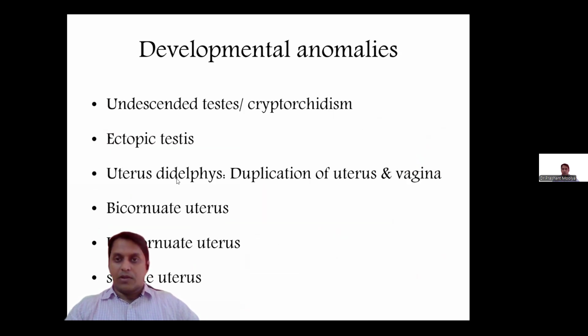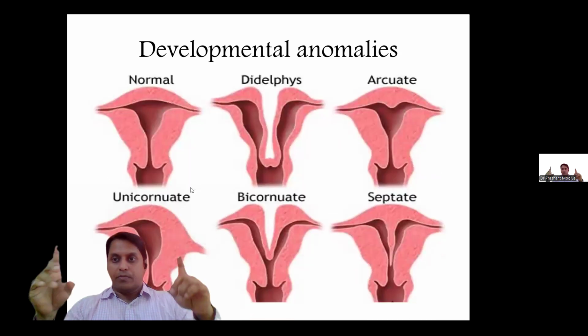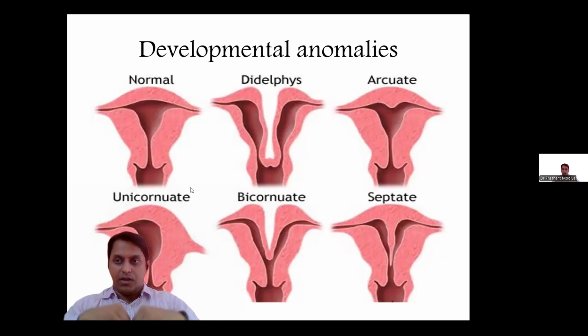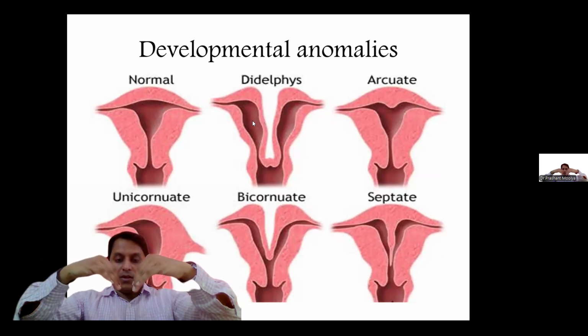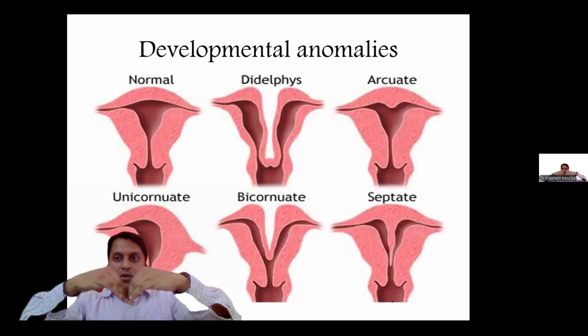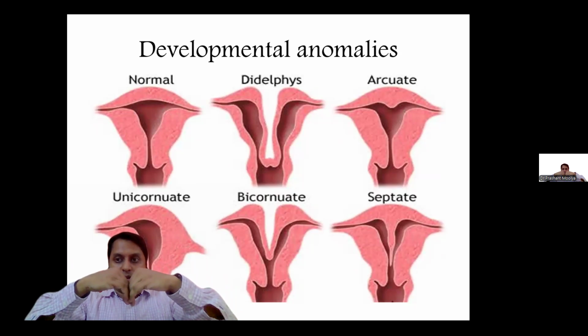A few more anomalies are concerned with the development of the uterus, as the two paramesonephric ducts unite and fuse to form a uterus. And you are aware that two tubes with a single uterus, cervix, and vagina is the normal one. Sometimes it happens that the two tubes fuse only at their lower end, they fail to fuse completely.